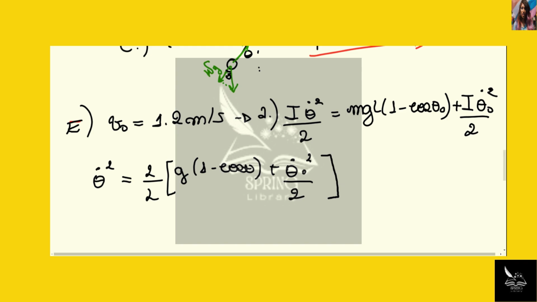This is what happens when we isolate theta dot, recalling that I is ml squared here, such that we can cancel out m and l. Oops, sorry, I was forgetting a term: theta 0 dot squared times L.